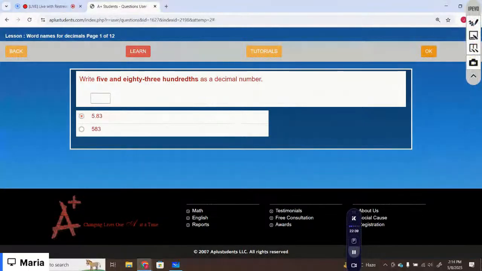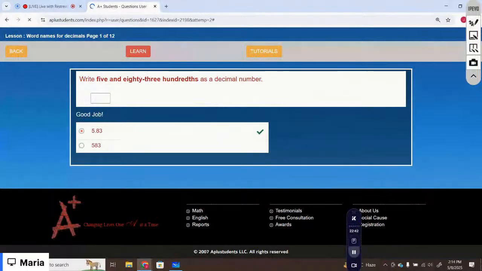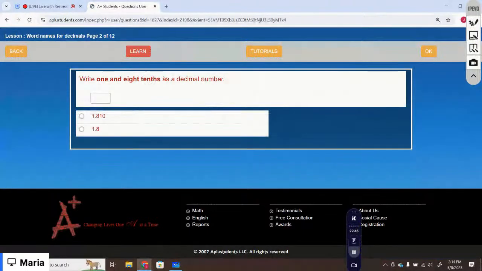Option number 1 is the correct option. Write 1 and 8 tenths as a decimal number. So 1 is the whole number and 8 is at the tenths position. So 1.8. Option number 2 is the correct option.